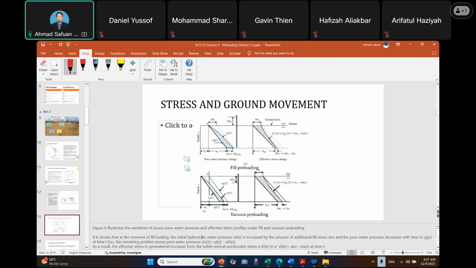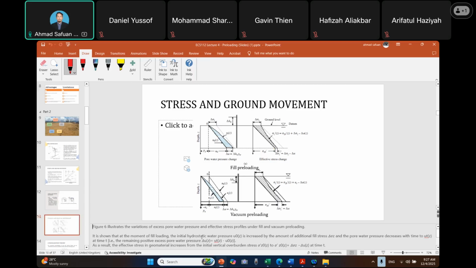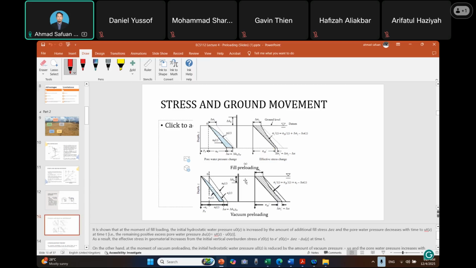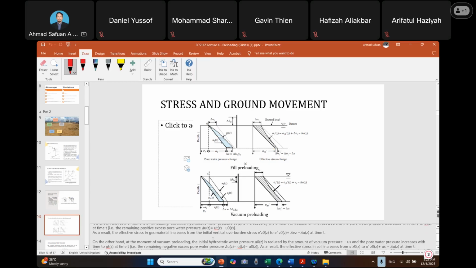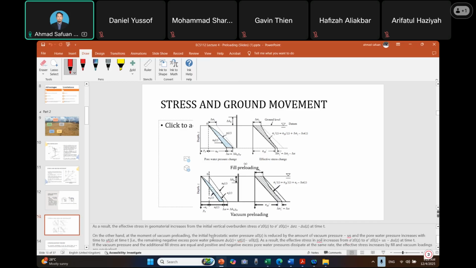As a result, the effective stress in the geomaterial increases from the initial vertical overburden stress at time T.